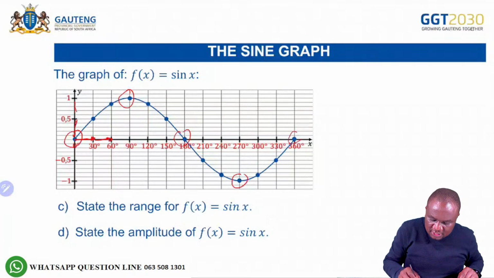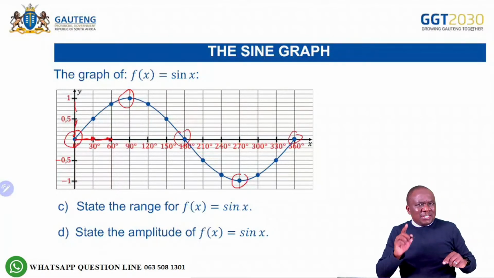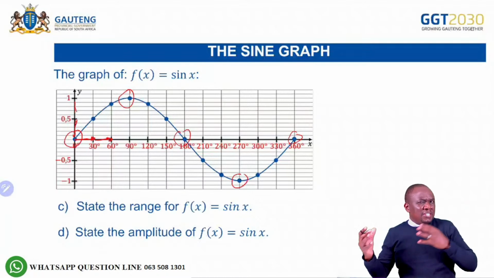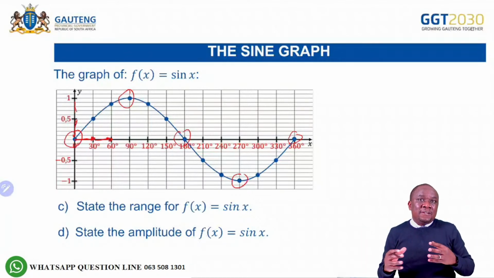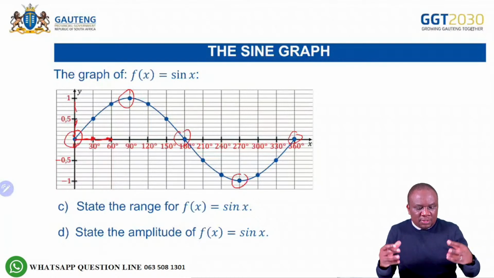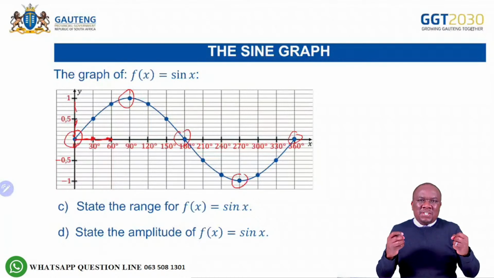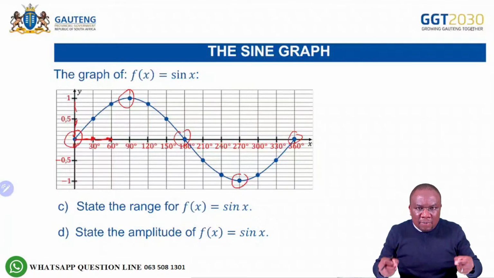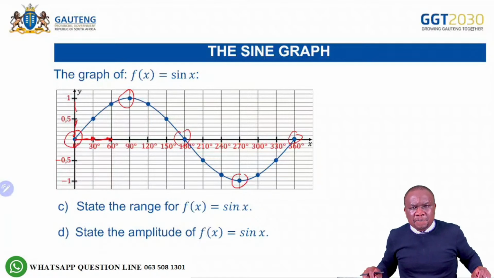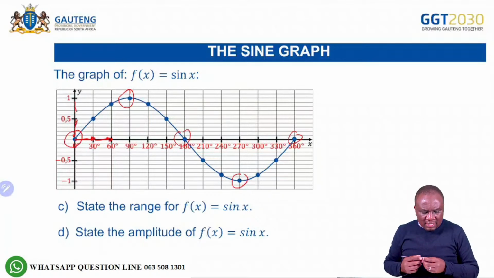And at 360, it is at 0. You must know the general shape of the graph we're sketching, because when it comes to functions, you get a mark for the shape of the graph. Thank you very much for that question.